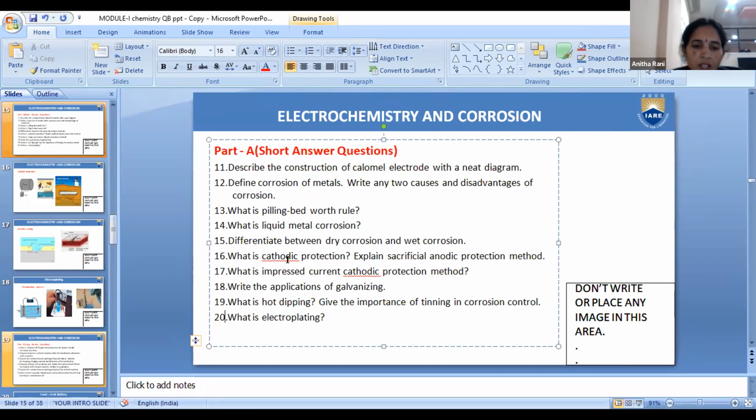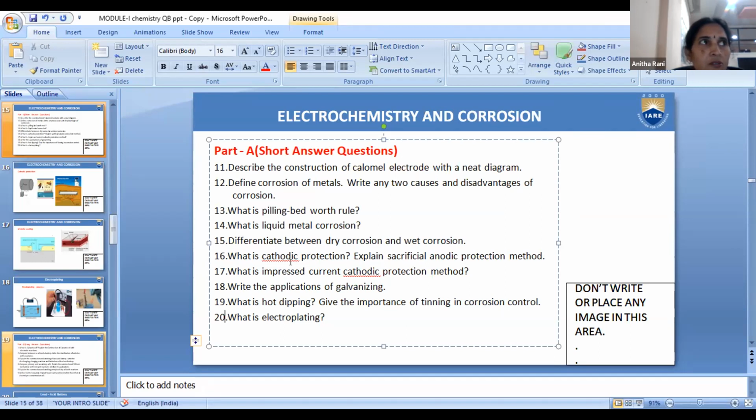Okay. Students, what is cathodic protection? How will you protect the metal? How are we arranging the metals here?